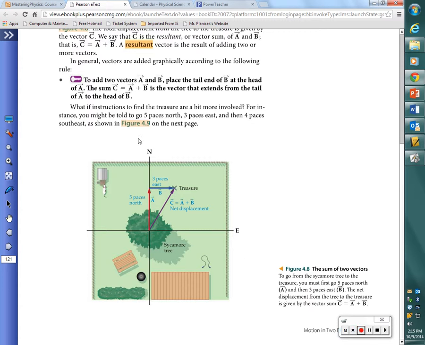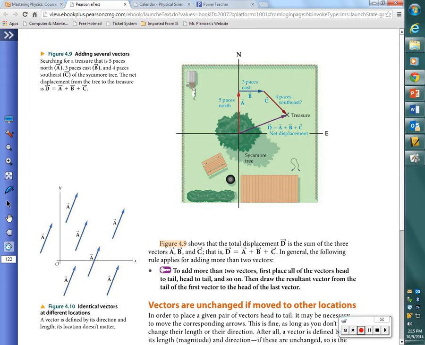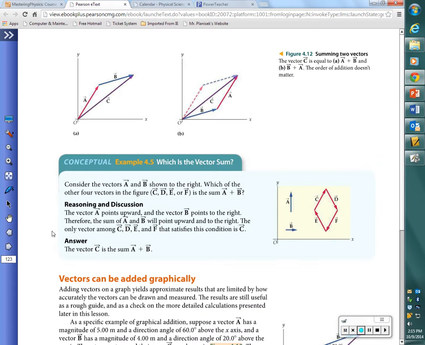Later on in the period, we looked at this picture, figure 4.12a, which I think is on page 2 of your packet, if I remember correctly. If we look at the picture, A and B are lined up properly.